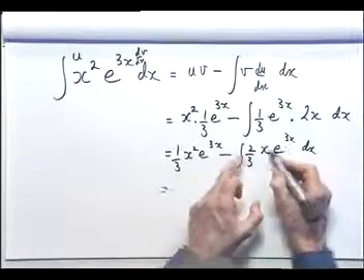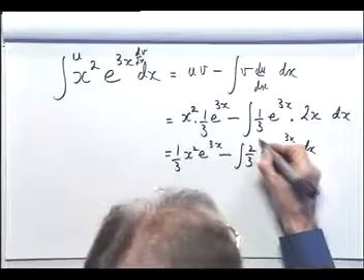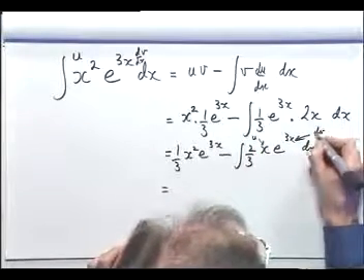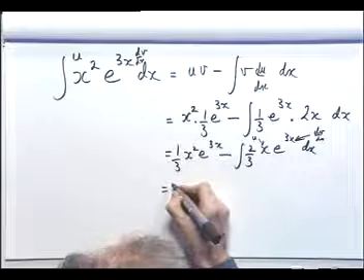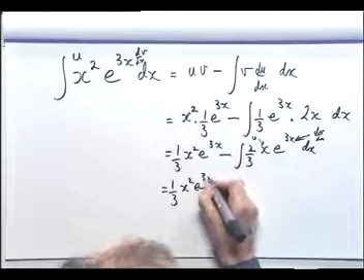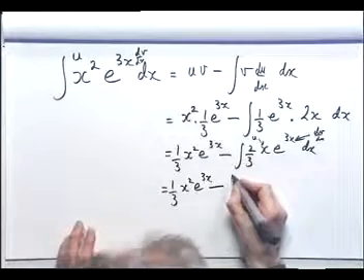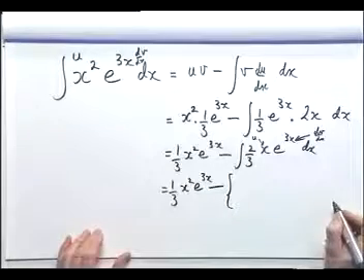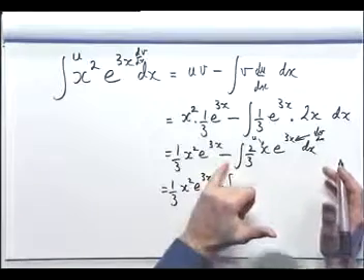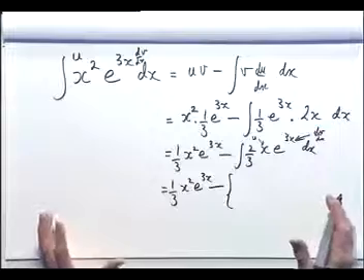So we're going to do this again, and we're going to make similar choices. This is going to be u, and this is going to be dv by dx. So 1/3 x squared e to the 3x minus, now it's helpful here to put in a bracket so that we keep all of this together and we take it all away and not just little bits of it and forget exactly what it is we're doing.